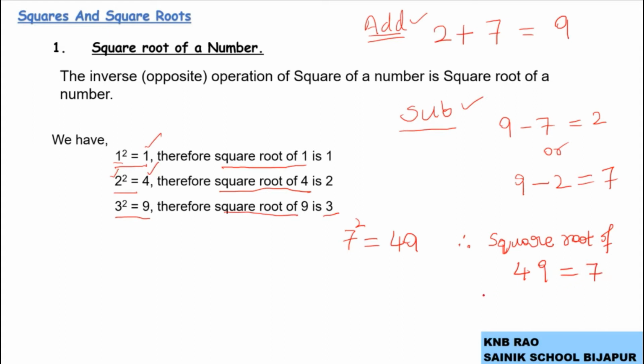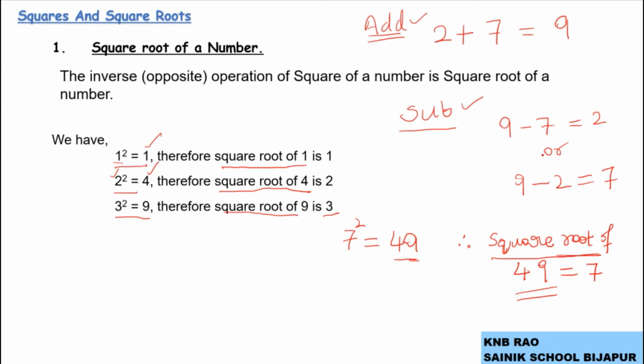So that's how we got this general definition. If we know the square of a given number, the square root of that squared number will give back the number we started with.